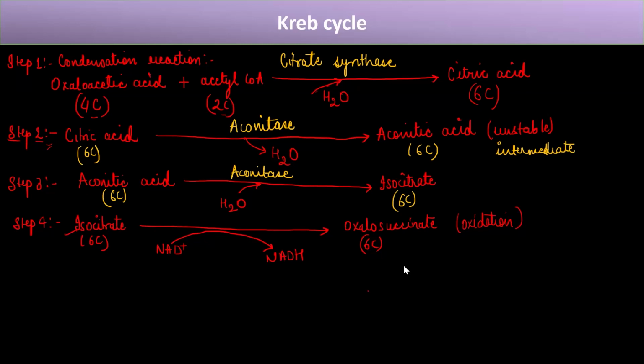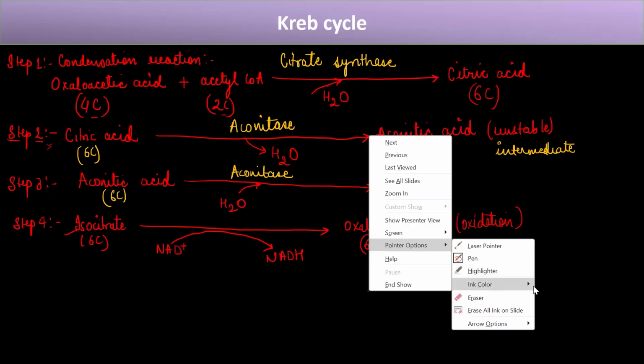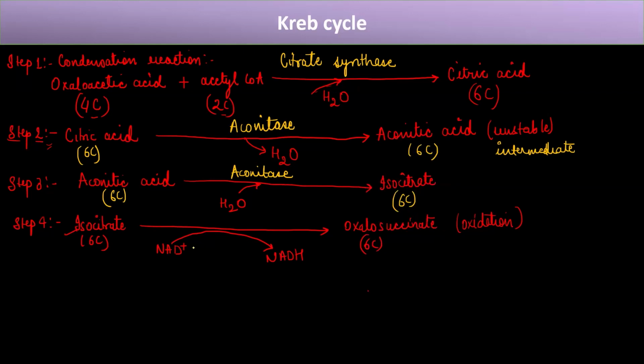And now we can guess what enzyme might be involved. We can see here that NAD plus is involved, right? And whenever there is NAD plus or NADH, what enzyme catalyzes this reaction? The enzyme that catalyzes this reaction is known as isocitrate dehydrogenase. Okay, so the enzyme will be a dehydrogenase.